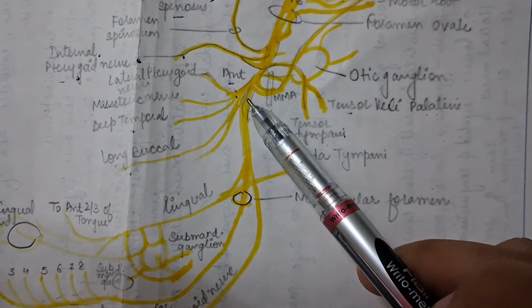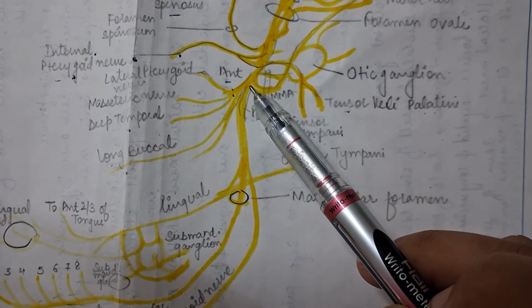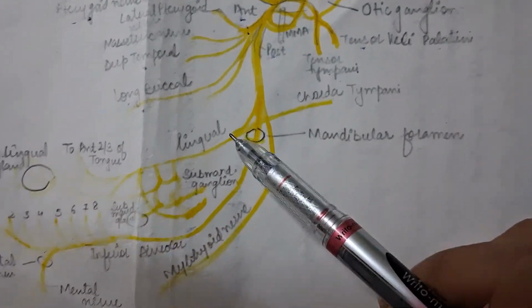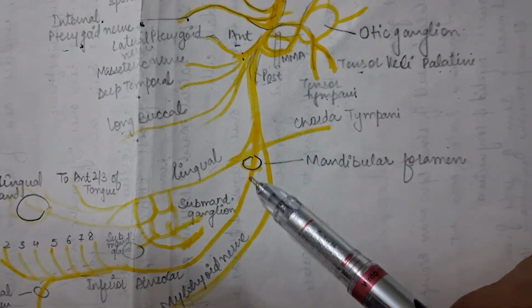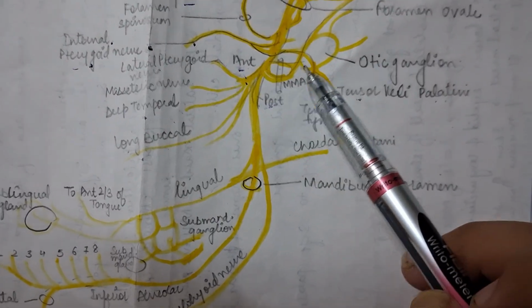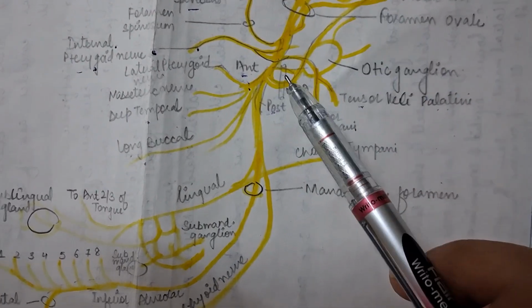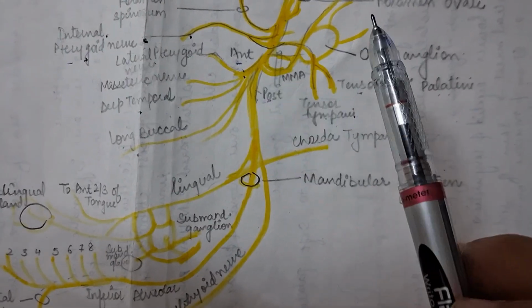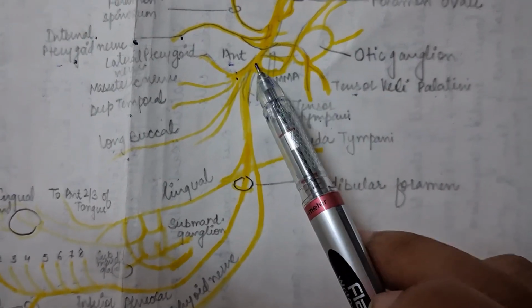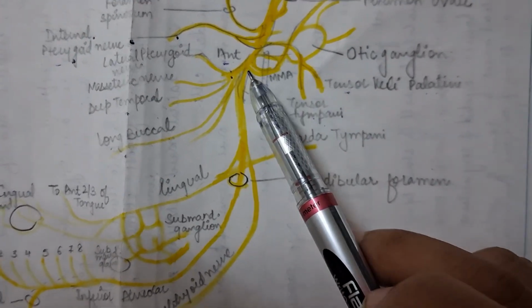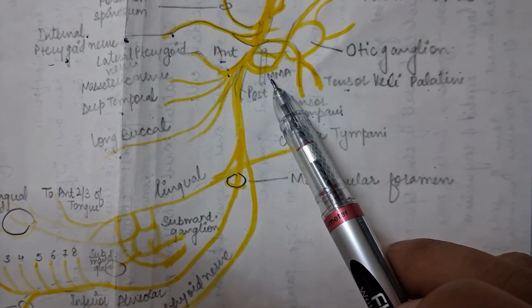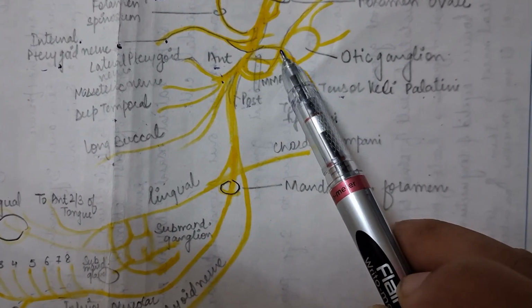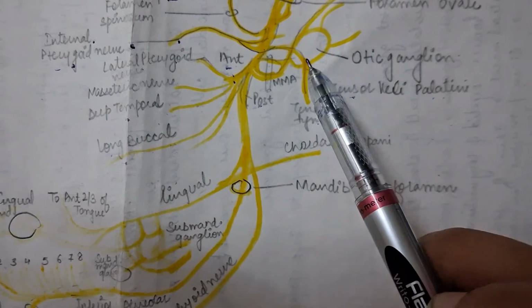From the posterior division it gives 3 branches, that is lingual, inferior alveolar and auriculotemporal. First of all, we will talk about the auriculotemporal. It arises as 2 roots. It circles around the middle meningeal artery and then it passes upward.